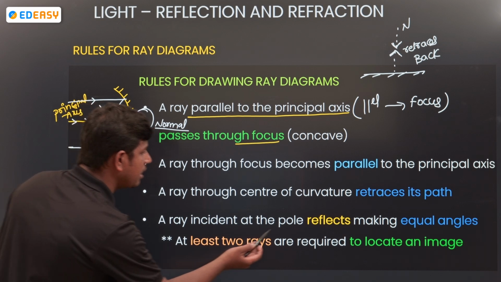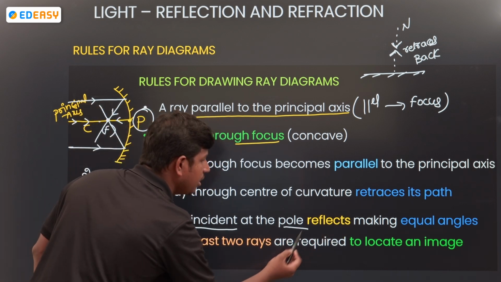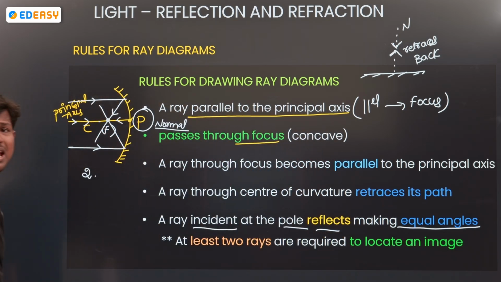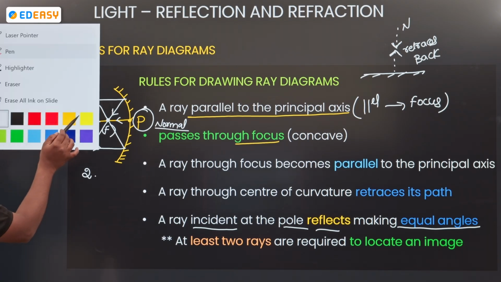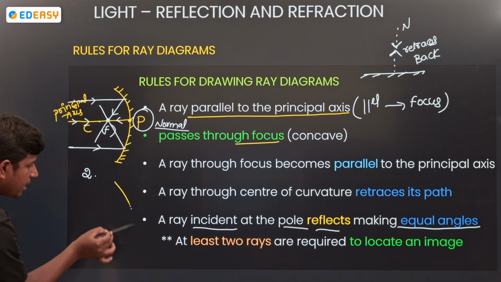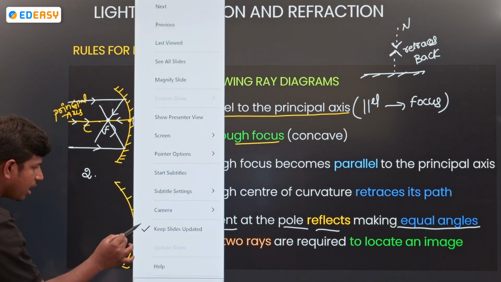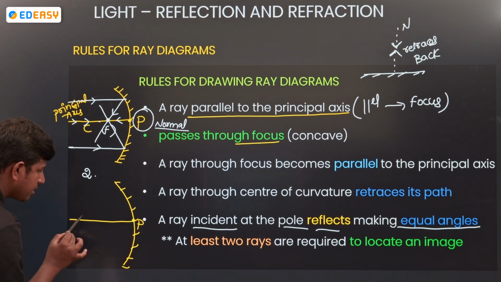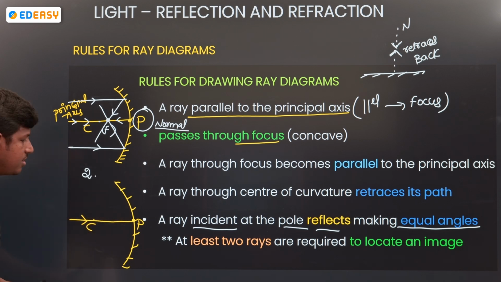Next, a ray incident at the pole reflects making equal angles. See here how it makes equal angles. I am taking again a concave mirror, and there is a pole on the mirror. If any light ray passes through the center of curvature as well as the pole, that is the principal axis.